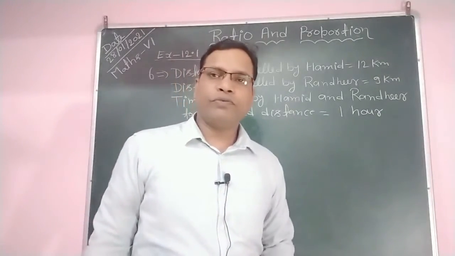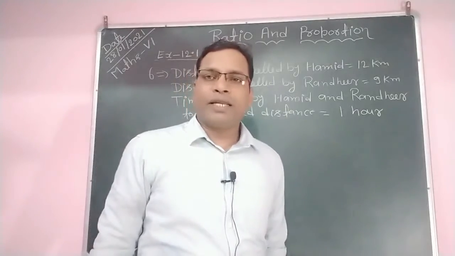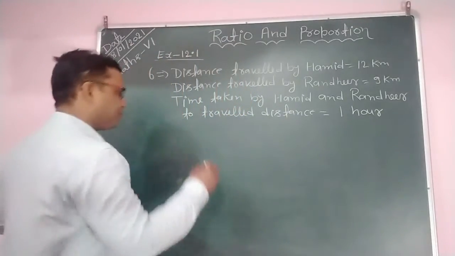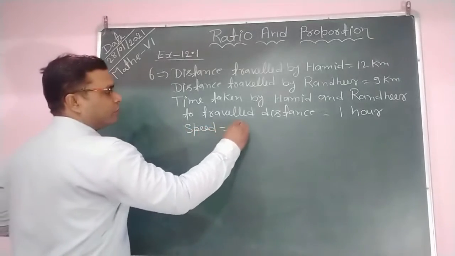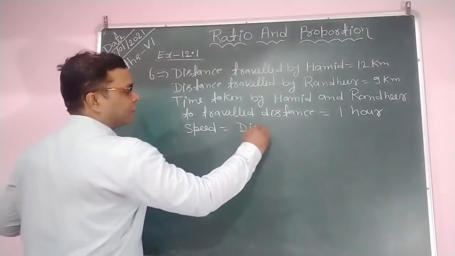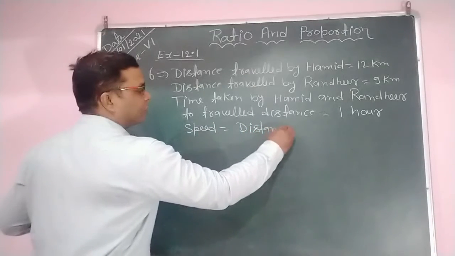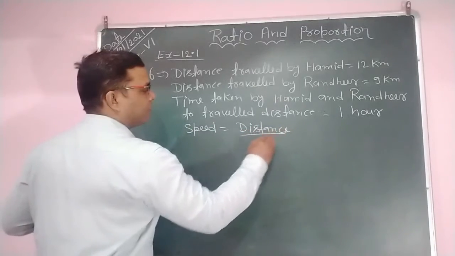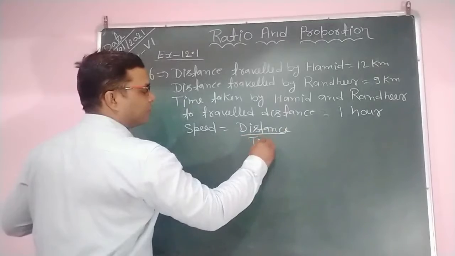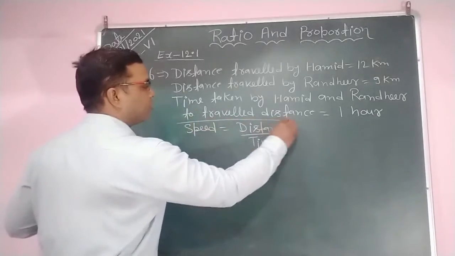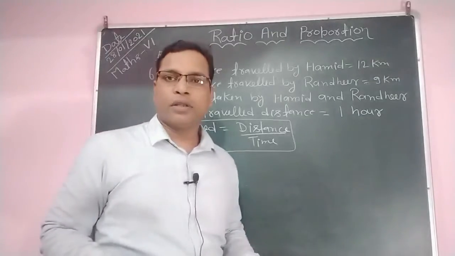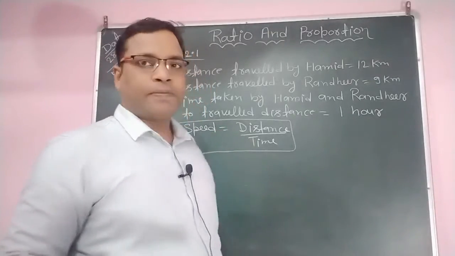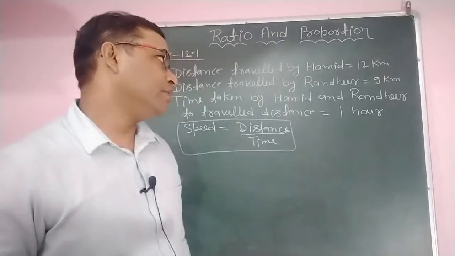So students, you know very well how to find speed. Speed is equal to distance upon time. This is the formula we use to find the speed. So first, the speed of Hamid.